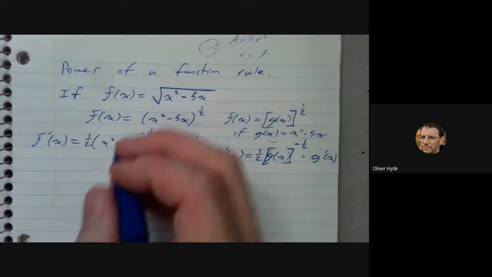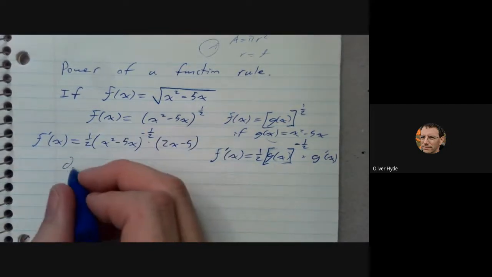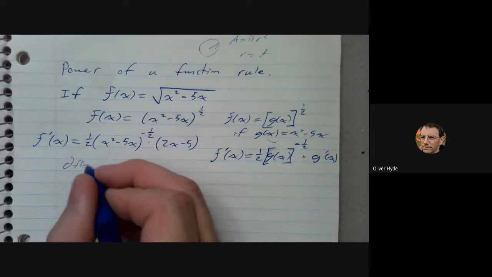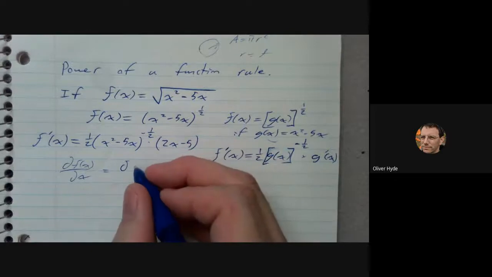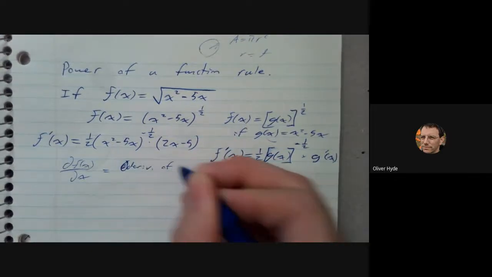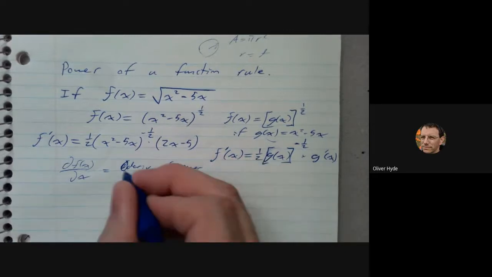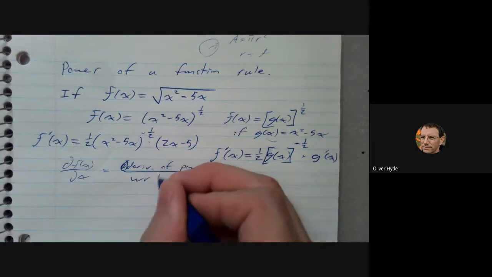Let's try writing that out in Leibniz notation. The derivative of f of x with respect to x is going to be the derivative of the power. Well, we want to get it eventually with respect to x.